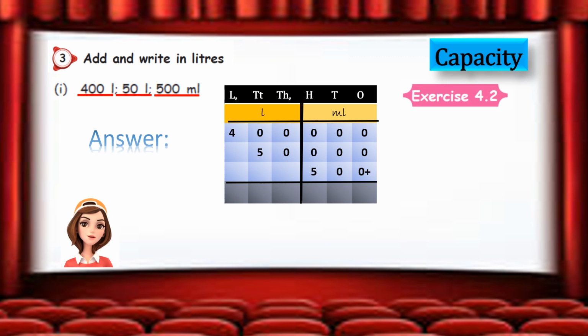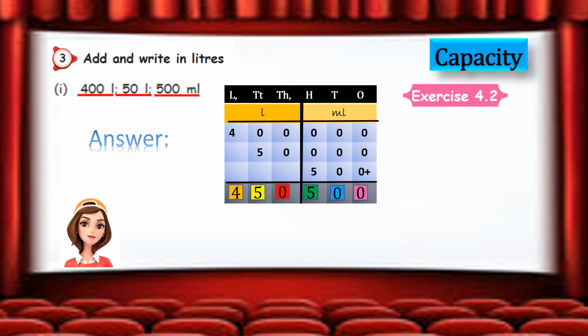Now we need to add column by column. 0 plus 0 plus 0, 0 is the answer. Then the tens column, here also 0 is the answer. In the 100th column we have 5, the 1000th column 0, then the 10,000th column 0 plus 5 is 5, then in the lakh column 4 is the answer.